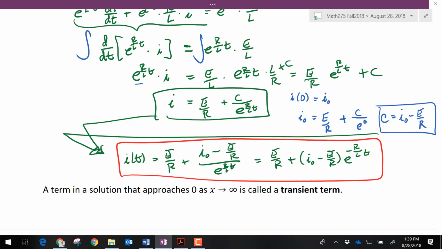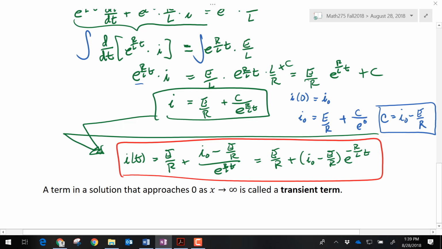So it turns out that in this problem and a lot of other problems that we see in first order differential equations, we have transient terms that end up going to 0.